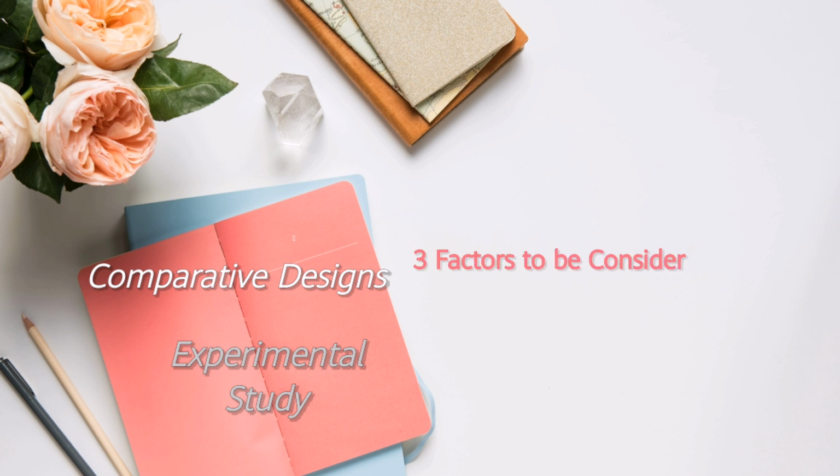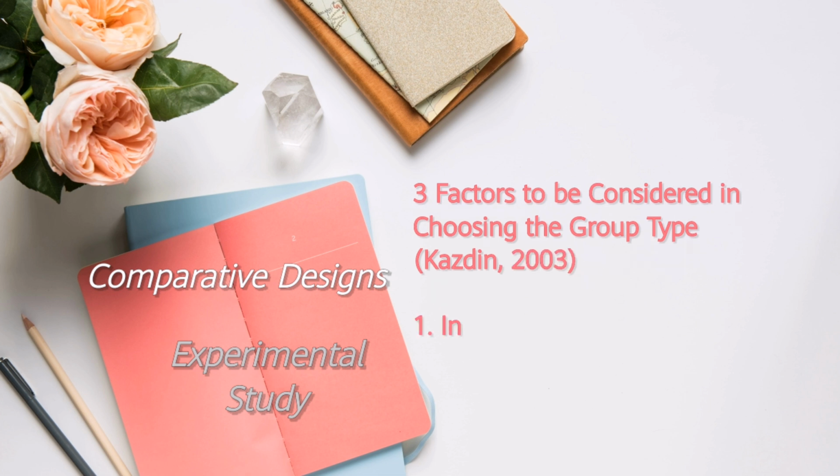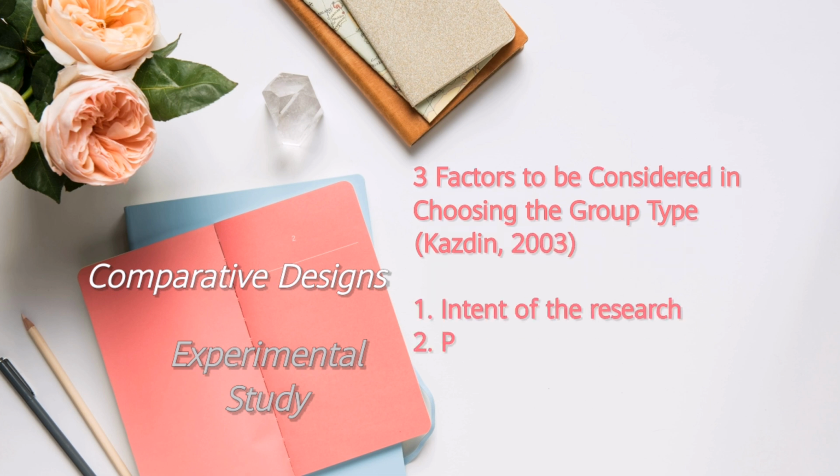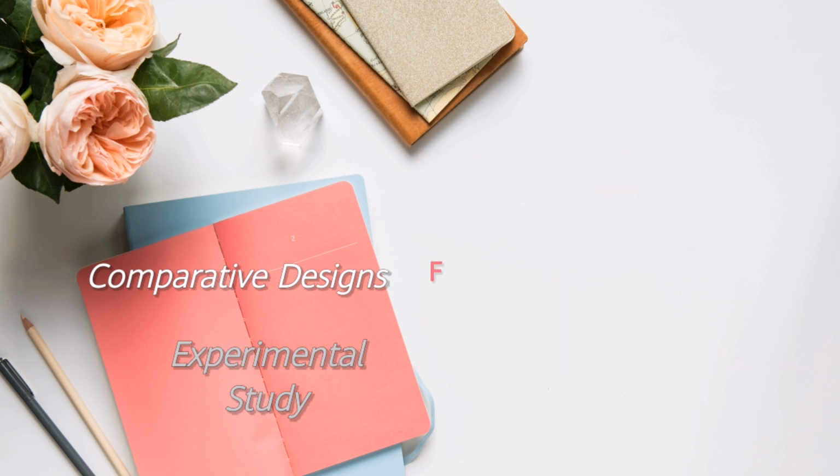The type of group you choose to use in your research study, if you are doing a group comparison design, depends upon three factors as outlined by Kasdin 2003. These are the following: the intent of the research study, previous research, and ethical and practical considerations.